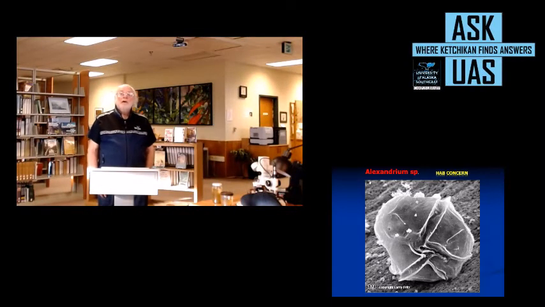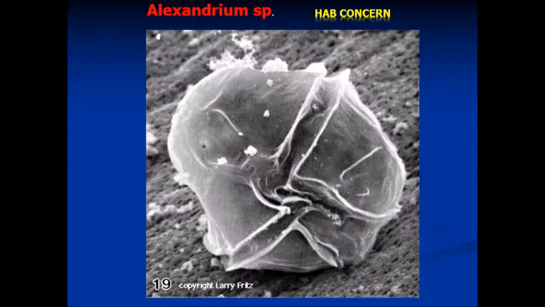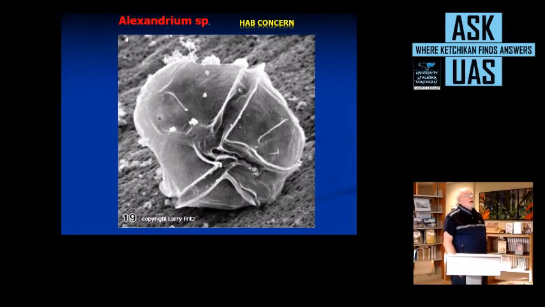There's Gonyaulax. Again, it's an Alexandrium species. They renamed it to Alexandrium, and it's a harmful algal bloom concern. People have tried to come up with tests that you could use to test shellfish with a home kit and those kinds of things. And it's not up in Alaska. We do not have one that is safe at this point.